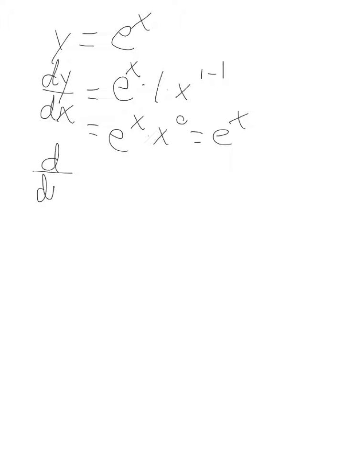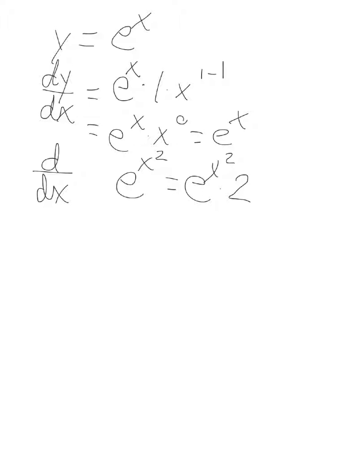This comes up a lot in probability and statistics. So suppose I have e to the x squared. I want to take the derivative of e to the x squared. Then that's going to be e to the x squared times the derivative of the power.